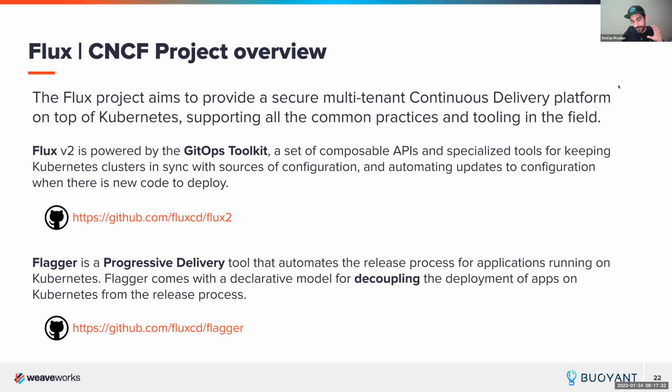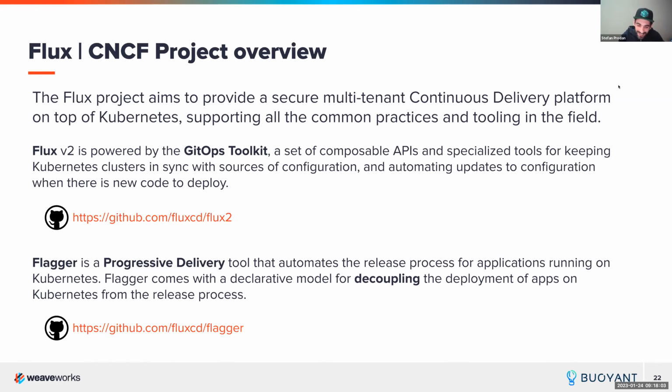I think one of the drivers of why Flux is successful today is the fact that we made Flux play nice with all the other projects in the cloud native space, not only the CNCF projects, but almost everything on the CNCF landscape can be managed in some way or integrated with Flux. And Flux is now at version 2, same as Linkerd.